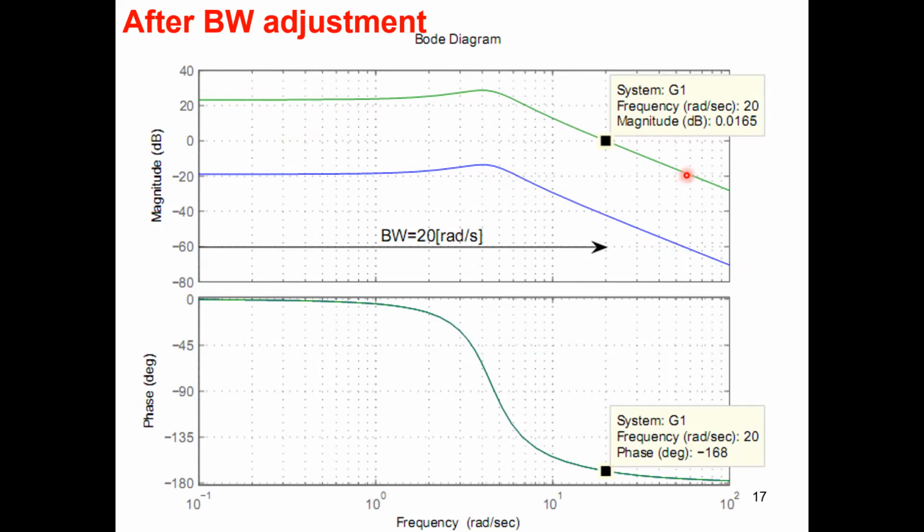That is why this green line is parallel to the black line. And now you can see that the magnitude curve intersects the 0 dB line exactly at 20 radians per second. So you have achieved the bandwidth adjustment this way.